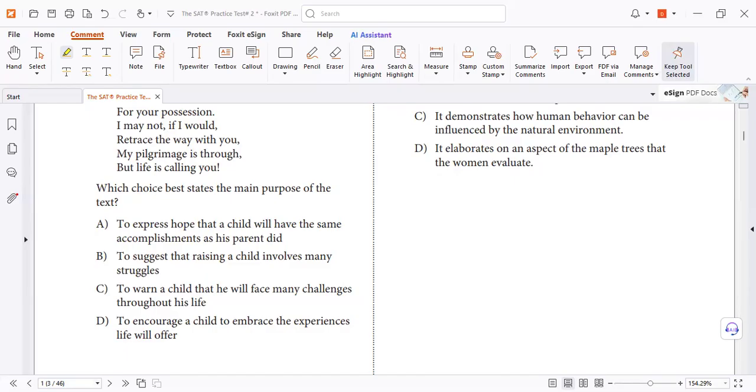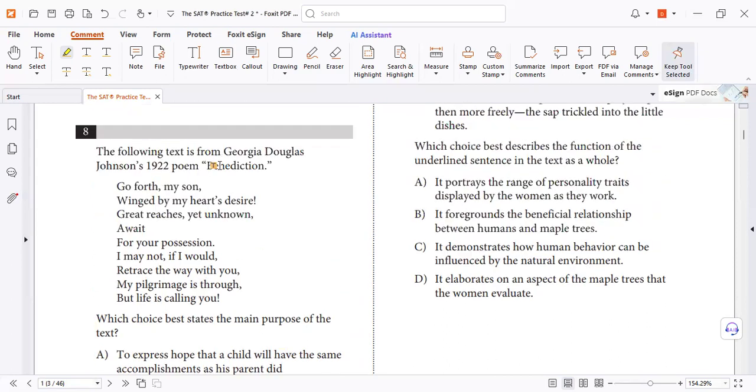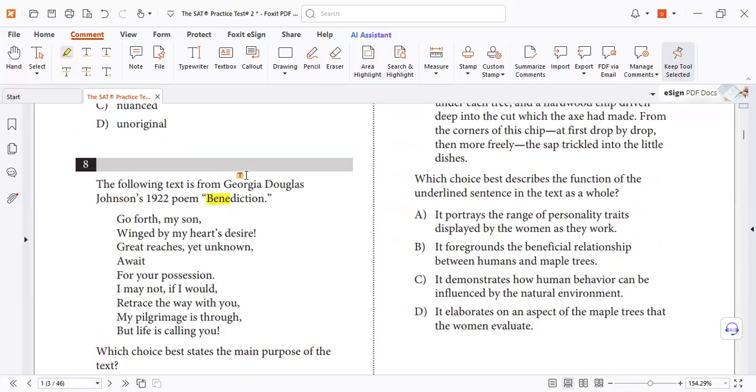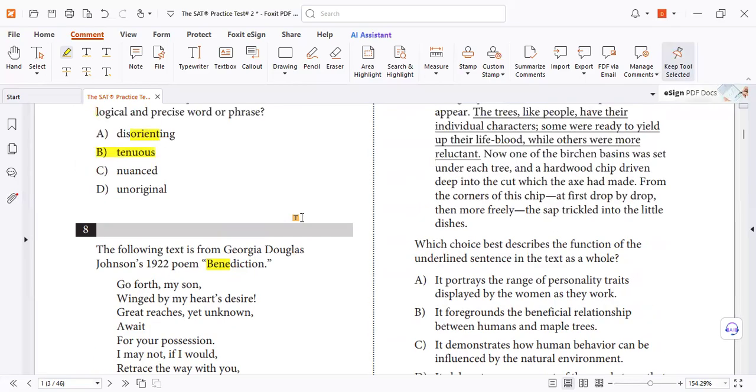Letter D. Letter D is correct. Perfect. You remember bene? Latin root means good, goodness, benefactor, benefits. Diction means words, information. That's why benediction.